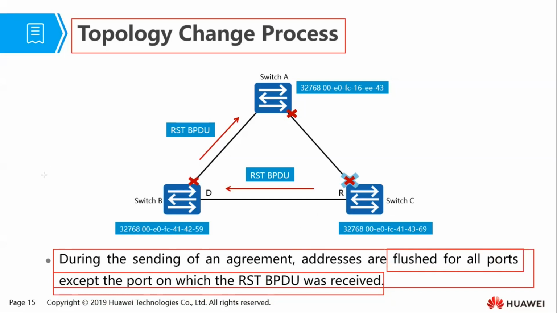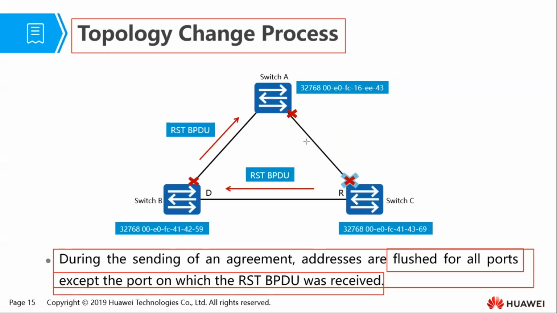So in this particular example, a failure has occurred between switch A and switch C within this link here. Once a failure occurs here, this switch is going to wait for a maximum of 6 seconds.